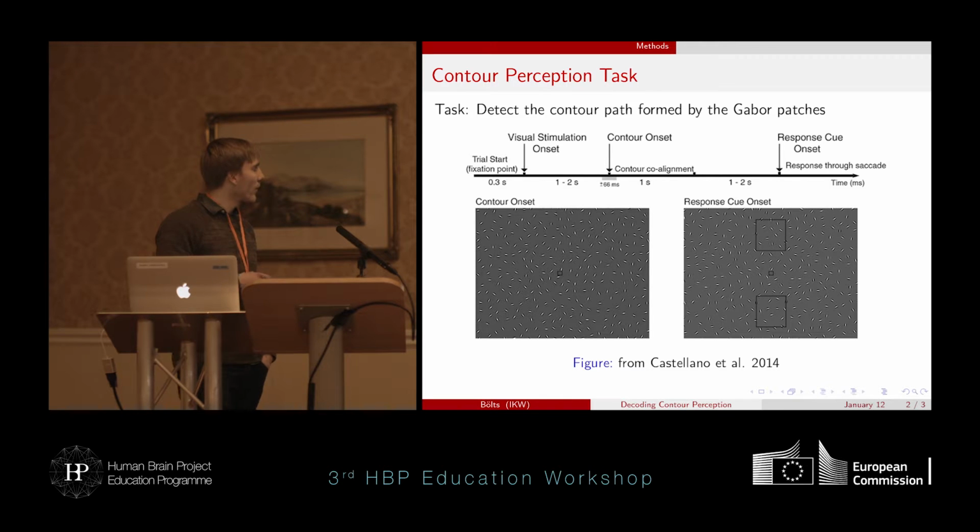And the subject's task was to detect this path and then say whether it was on the left or on the right side. So after some time there was a cue onset, and the subject had to make a saccade whether this contour was on the left or the right side. So this was the experiment I was analyzing.